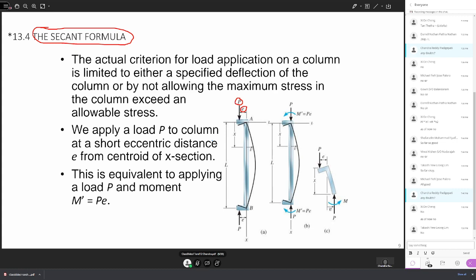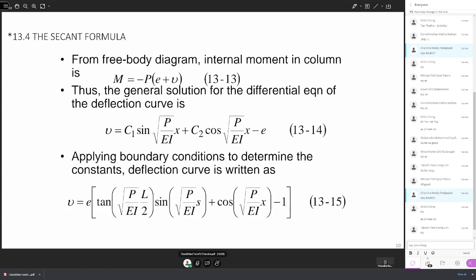There is no requirement that the load always acts exactly at the centroid of the cross section. When the load is acting away from the centroid by an eccentricity E, we use the secant formula to calculate the critical load.